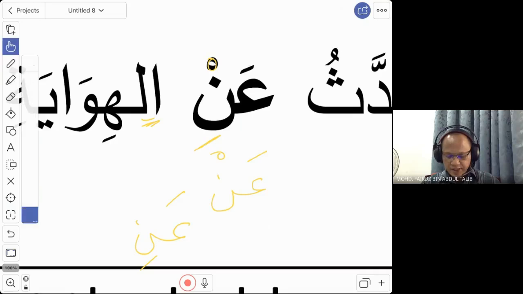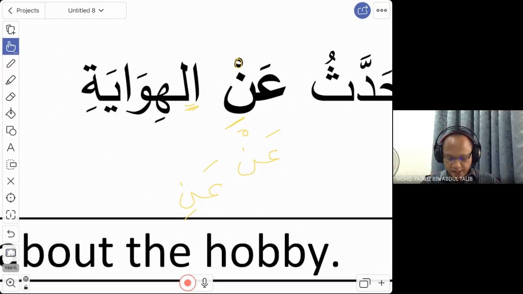Okay? In terms of the symbol that you write, you can write both. But when you read, since this is having alif lam, you need to change this to a kasra. Therefore, we don't read an anymore. We read anil hiwayati. That is when you join the words.